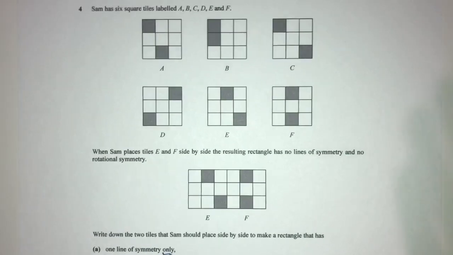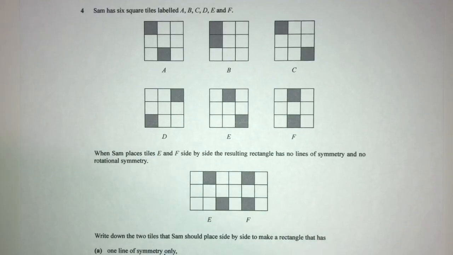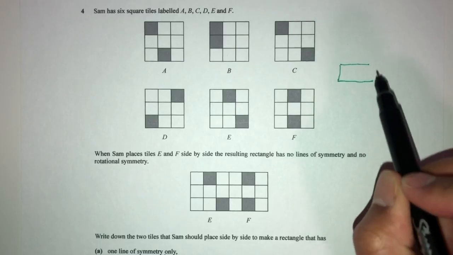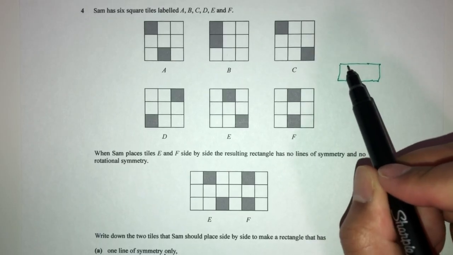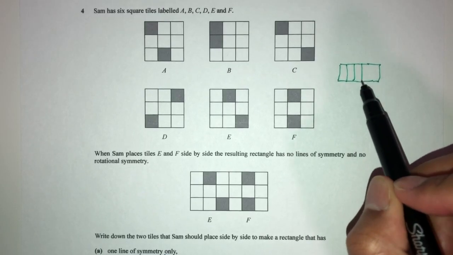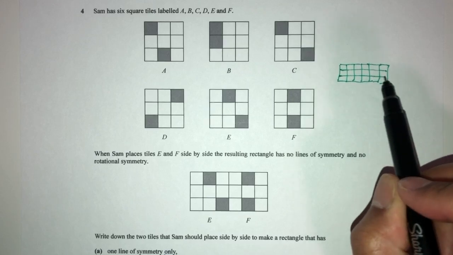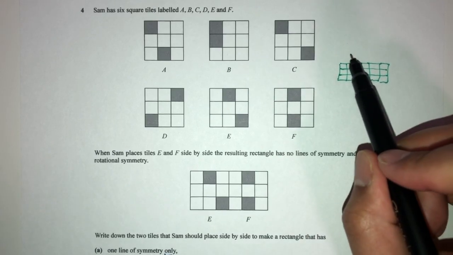How? Again, you can always draw the results if you want to. You can place C here, right? And D. So we have this. You will have something like this. Now C will be here, D will be here.